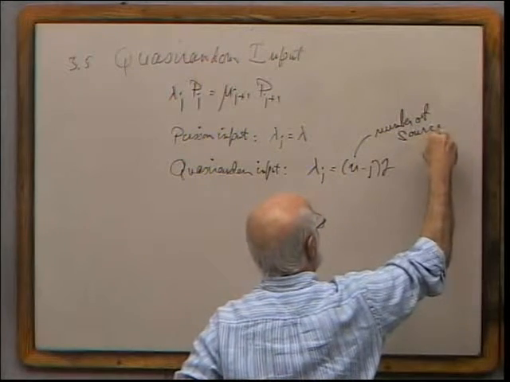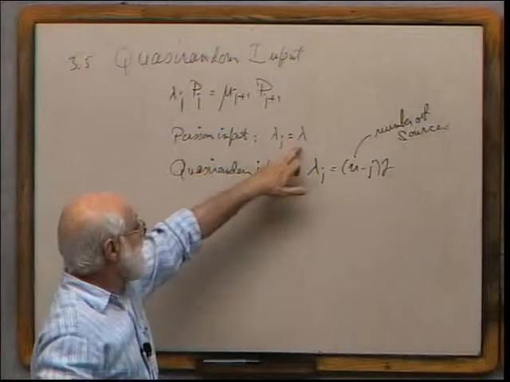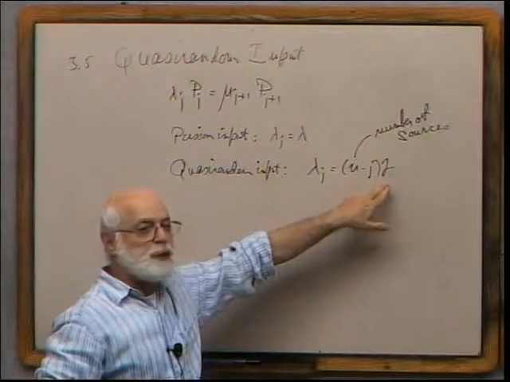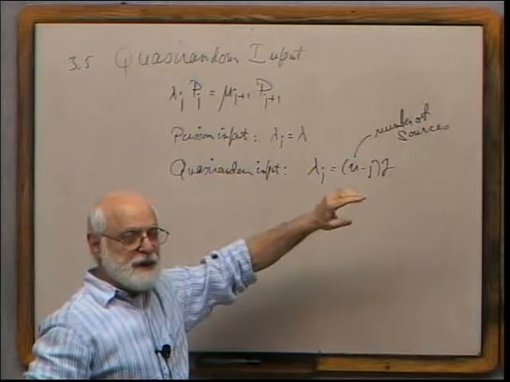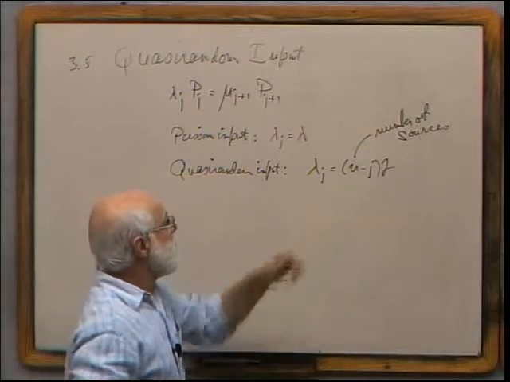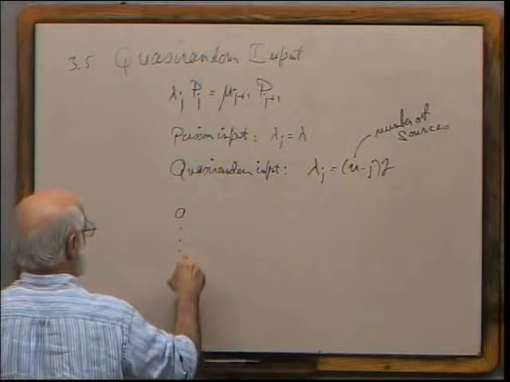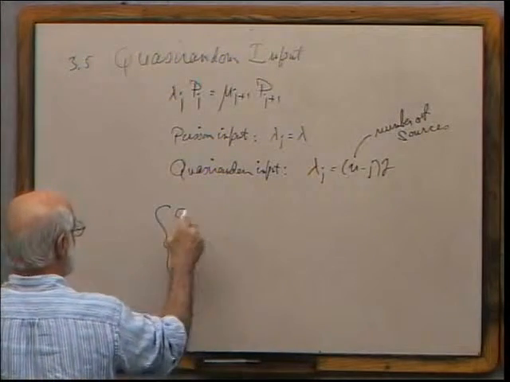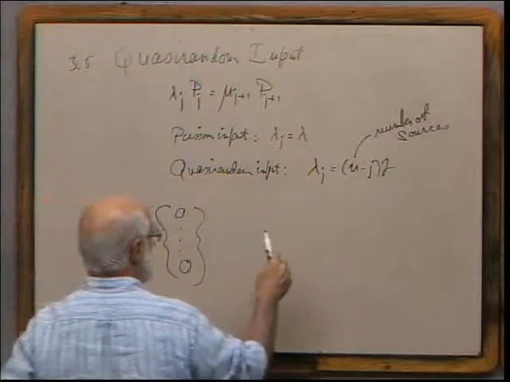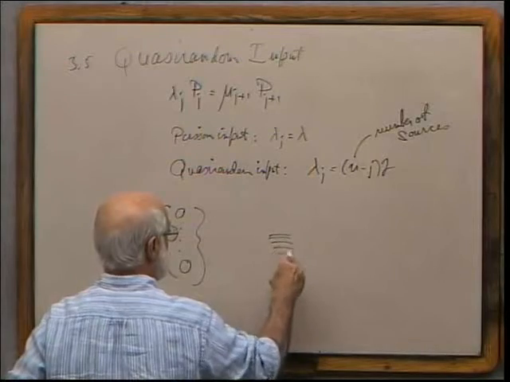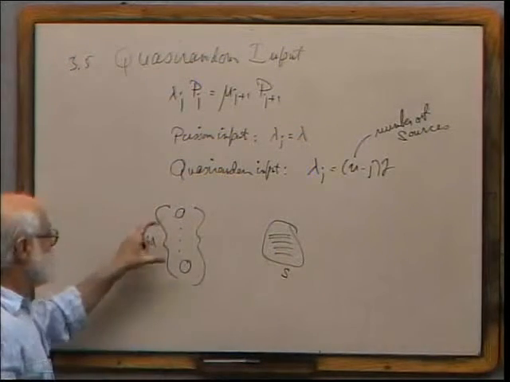And gamma is a parameter like lambda, but it relates to per source instead of overall. So now the idea is that we have a finite number of sources. So here are my sources, and there are n of them. Then we have some servers, just like before, say s of them. And the sources request service.